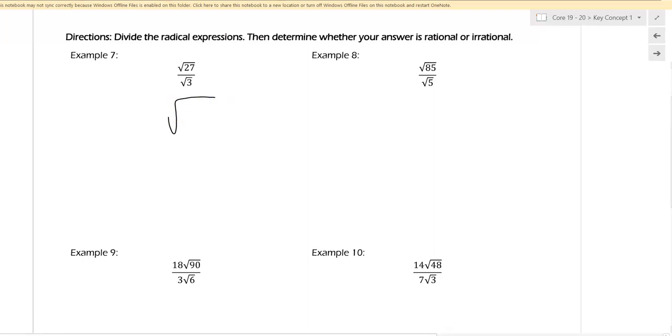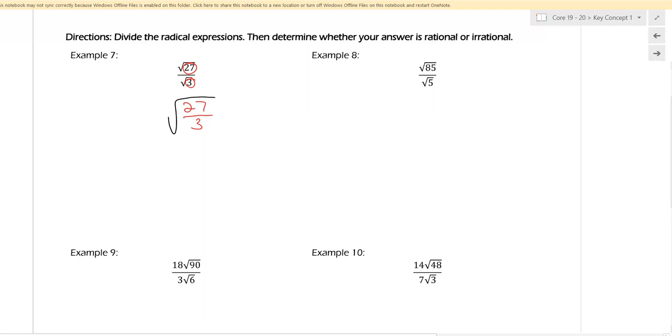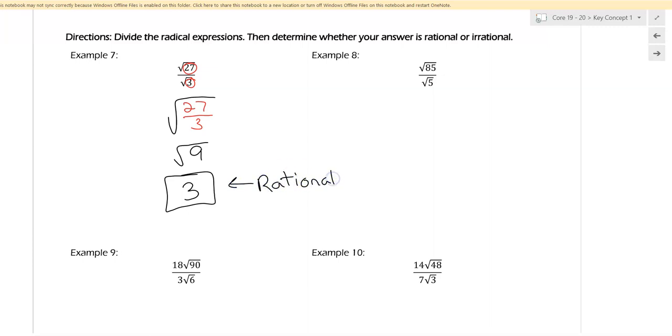So square root 27 divided by square root 3 is the square root of 27 divided by 3. You can do 27 divided by 3 in your calculator, but you get 9. And I can easily simplify the square root of 9 with my calculator, and it's 3.